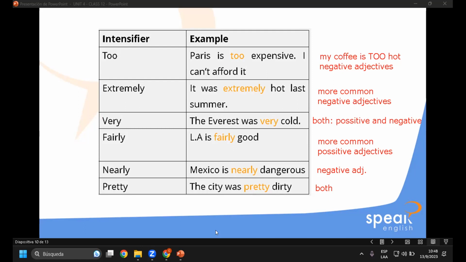But they are not the only ones. Later in the next classes, we are going to learn some other intensifiers that we can use, okay? But yes, you can use it. Thanks. Did you copy them? Everybody? Yes? Excellent.